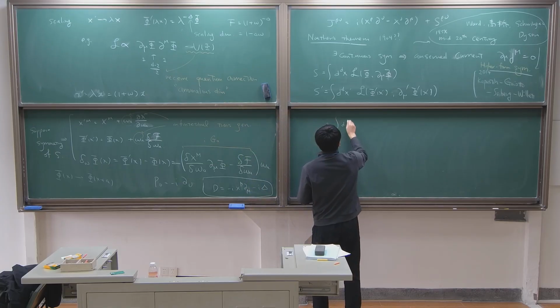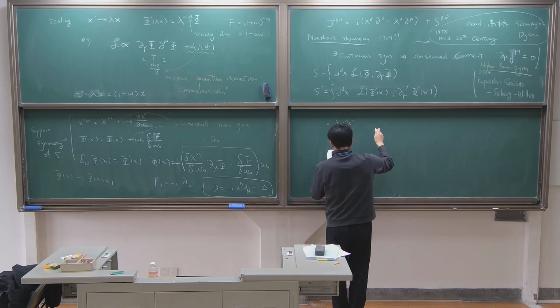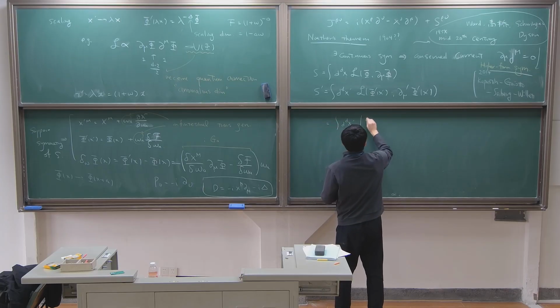What we get is as follows: dx prime, and then the measure is something like this.